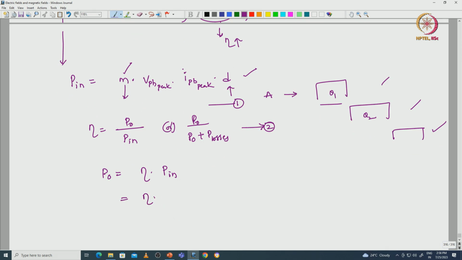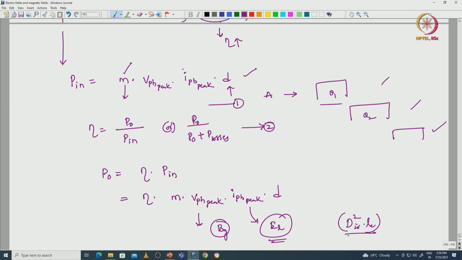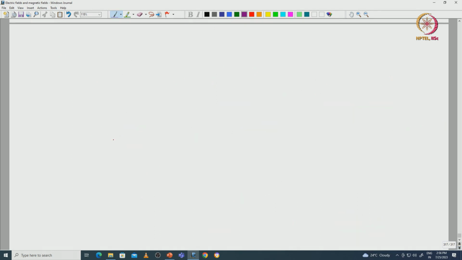So, here efficiency into M into V phase peak, that is phase voltage peak value, phase current peak value into duty cycle. Here the V phase peak we have to represent in terms of magnetic loading, and I phase peak we have to represent in terms of electric loading, and then we can get the final power equation in terms of magnetic loading and electric loading. In that process we will get the other term D square Le also, that is the volume product.